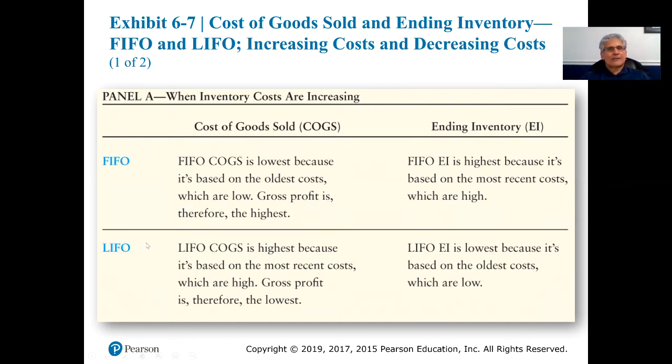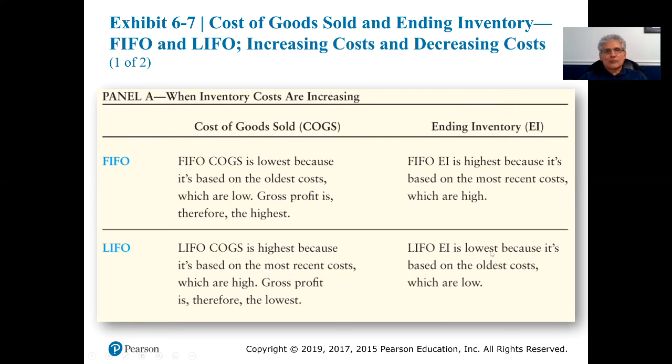Under the LIFO method, the cost of goods sold will be highest, and so therefore you will have the lowest amount of income. Cost of goods is higher, income will be lower. Why? Because the cost of goods sold will be charged the most recent costs, and those will be higher in most cases.